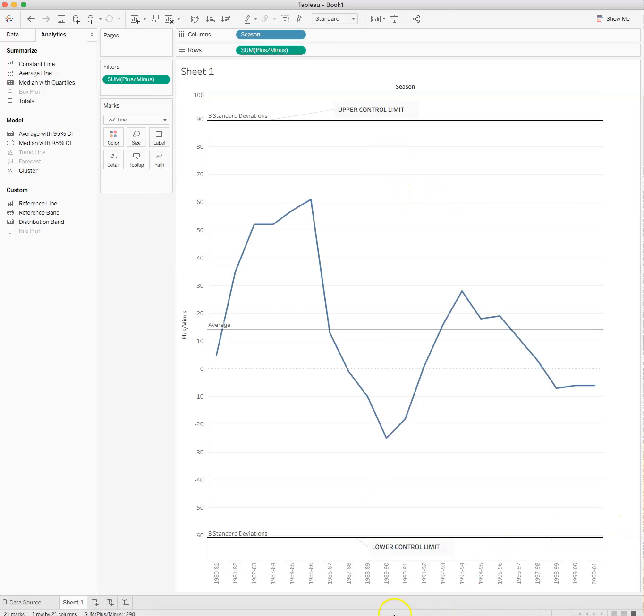So I have my upper control limit, my lower control limit. And so here we now have our view. So each season we look at, and one of the things I also like to do is I always like to label the points if I can.